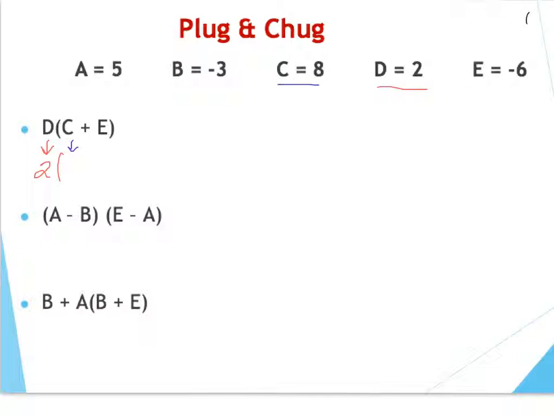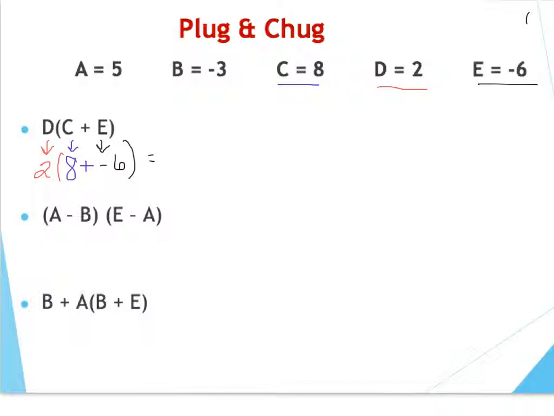So C I can see as 8 plus E is going to be -6. So really, my mathematical problem becomes 2, and in parentheses, 8 plus -6.